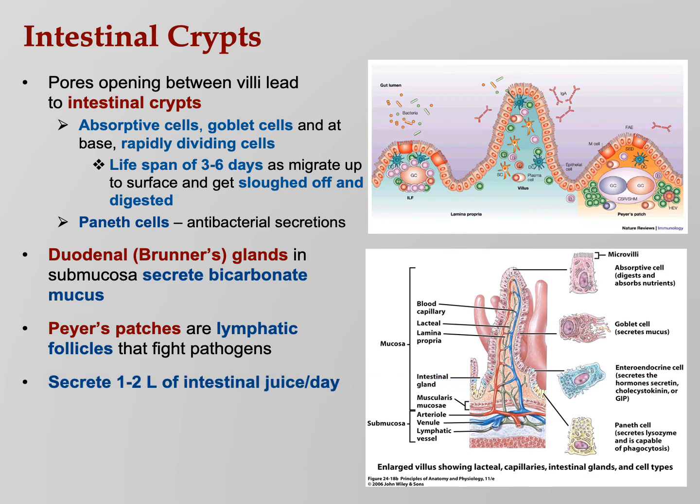You secrete about 1 to 2 liters, 1 to 2 quarts of Gatorade, intestinal juice every day. Water and mucus, pH here is 7.4 to 7.8. So in the stomach, the pH was down around 3, highly acidic. Now that we make it into the intestine, all that bicarb is going to neutralize, and we're back to not only just normal pH, but we're actually a little bit alkaline now.